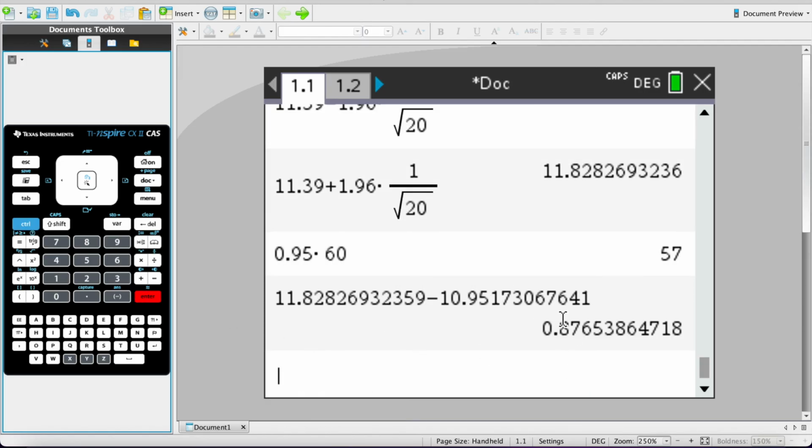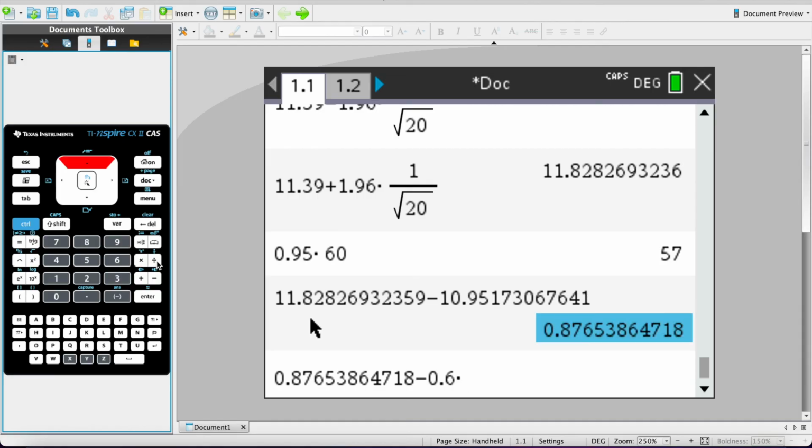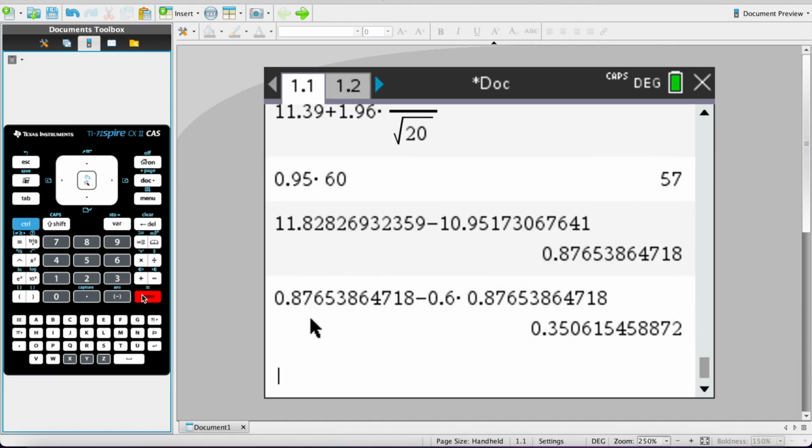So that's the width, and you want that to decrease by 60%. So in other words, that times 40%, or minus 0.6 times this. So you want it to be 0.3506.